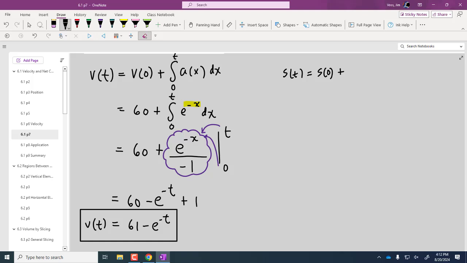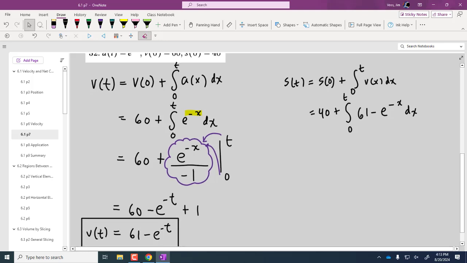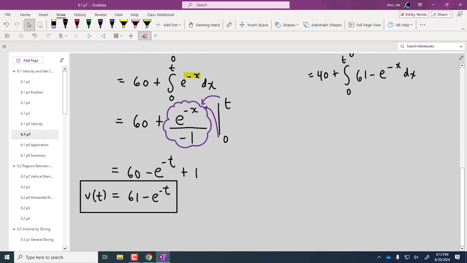So we integrate the velocity from 0 to t to get that change in position. So initial position was given to be 40. The velocity we just found is 1 minus e to the minus x dx. And we change the letter to x so that we don't have any conflict between the dummy variable and the function variable. The function variable is the t.